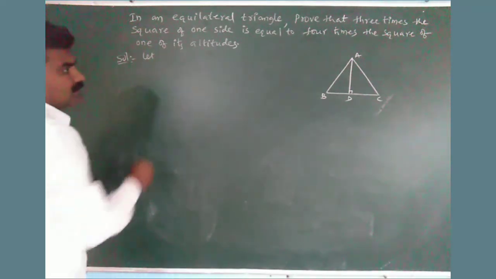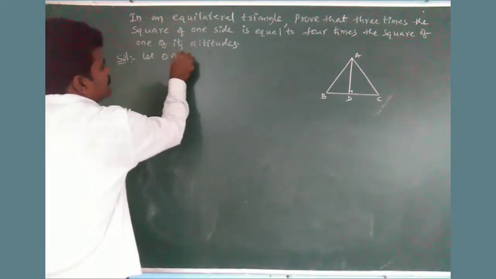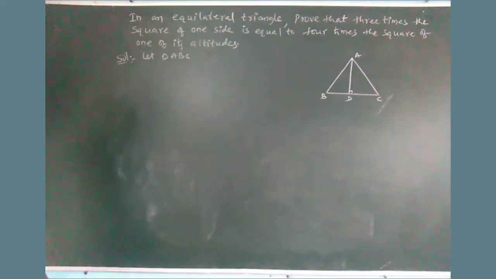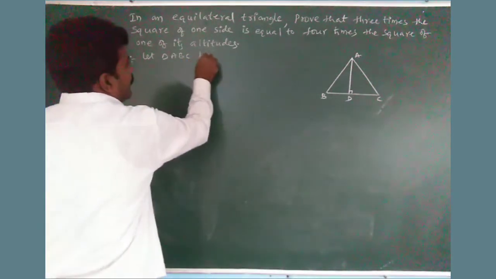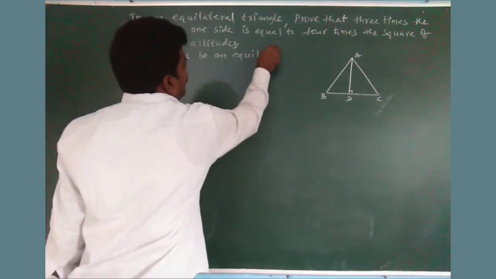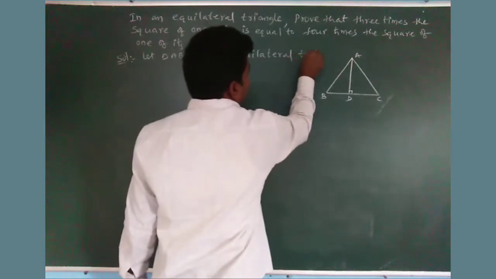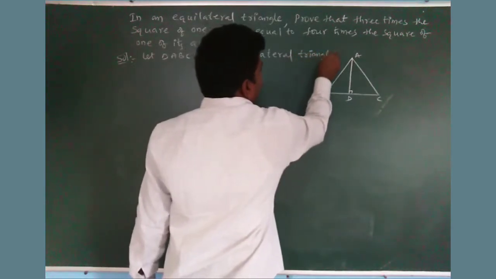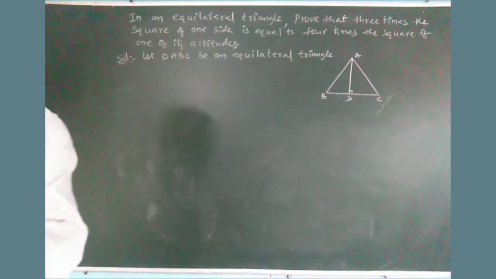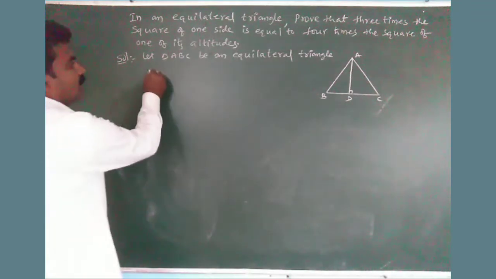So look at this. Let triangle ABC be an equilateral triangle.